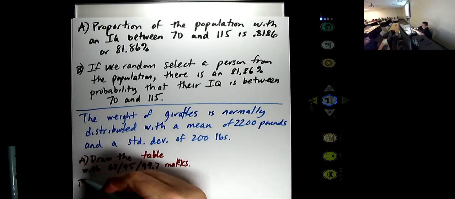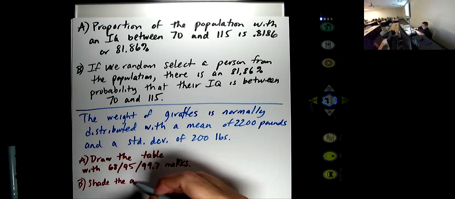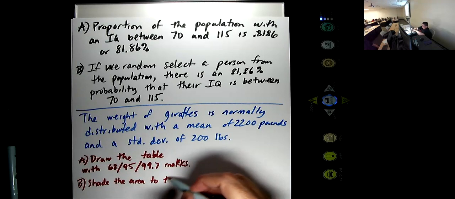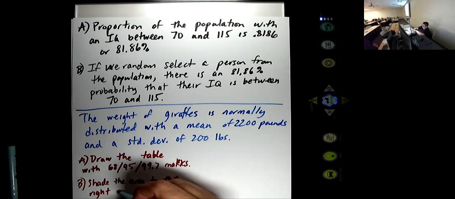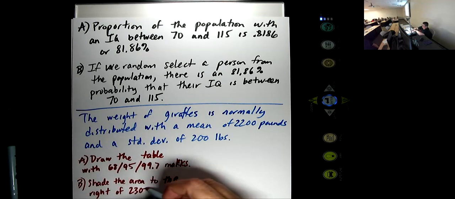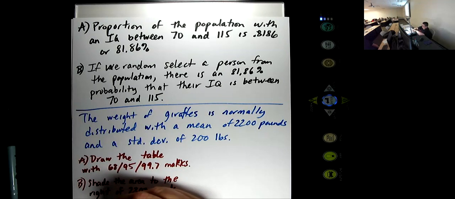And then B, shade the area to the right of 2,300 pounds. What does this represent?